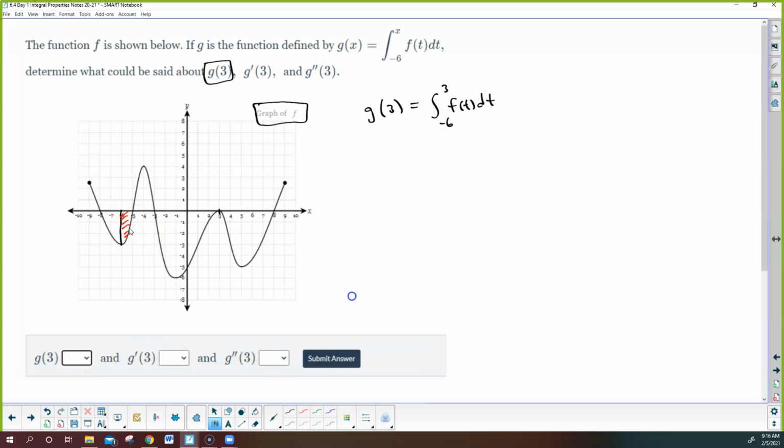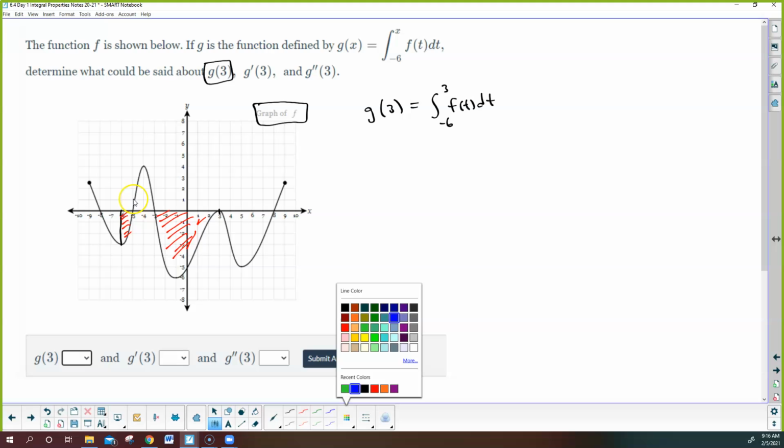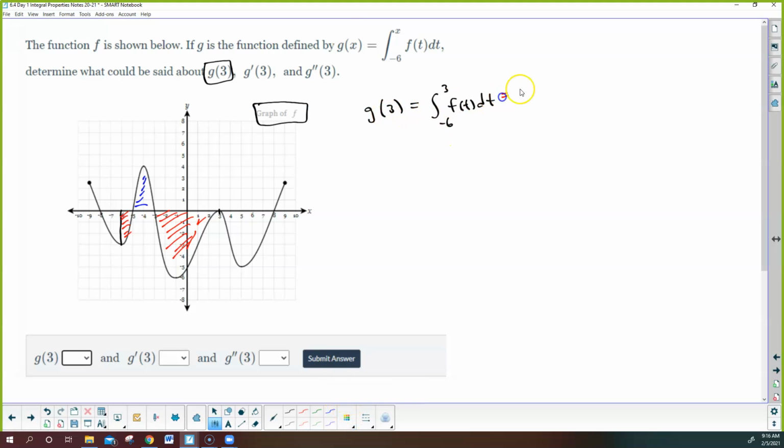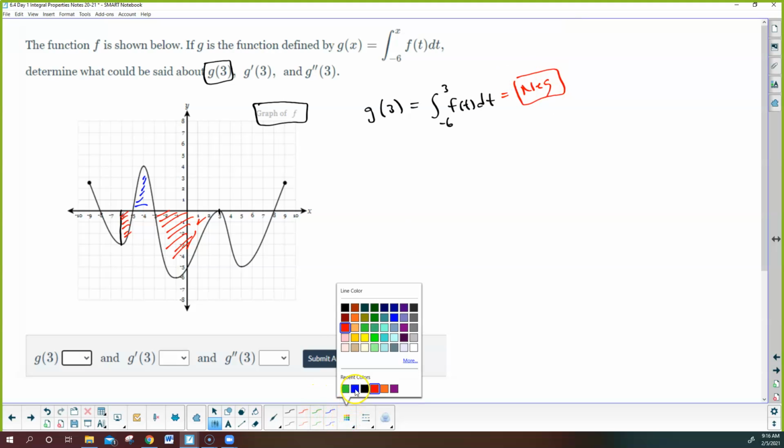So notice, area under the curve from here to here is negative. Area under the curve from here to here is negative. And then the area from here to here is positive. Well, overall, I've got more negative than I do positive. So I know that this answer, g of 3, is negative. Okay.